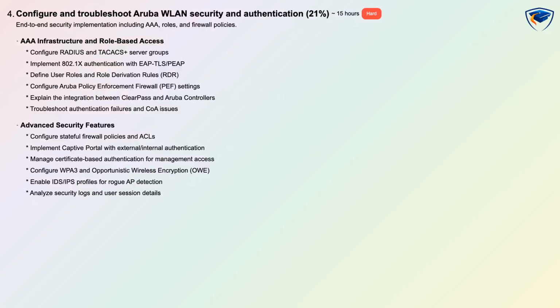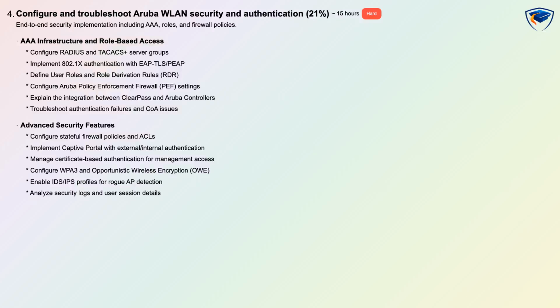Configure and troubleshoot Aruba WLAN security and authentication is 21%, rated hard, and estimates 15 hours with conceptual and scenario-based assessment. You will build AAA infrastructure skills by configuring RADIUS and TACACS server groups, implementing 802.1X with EAP-TLS and PEAP, defining user roles and role derivation rules, and configuring Aruba policy enforcement firewall settings.